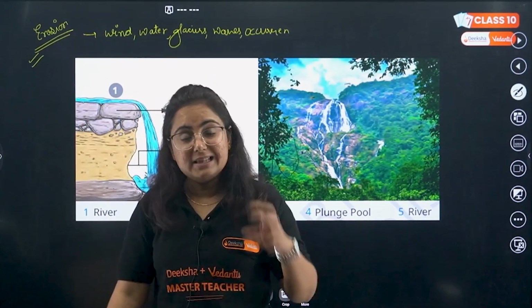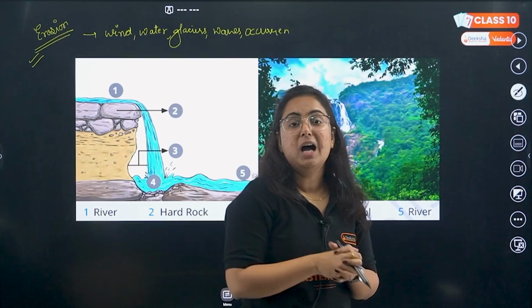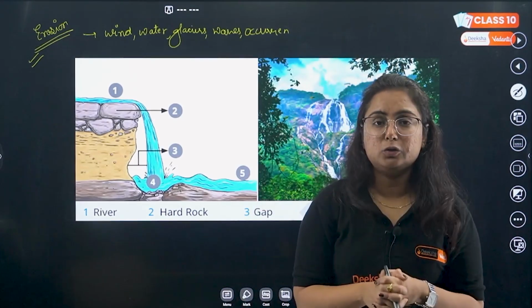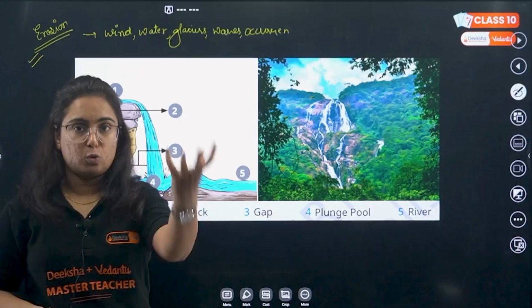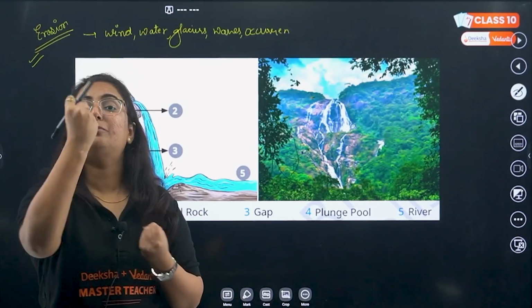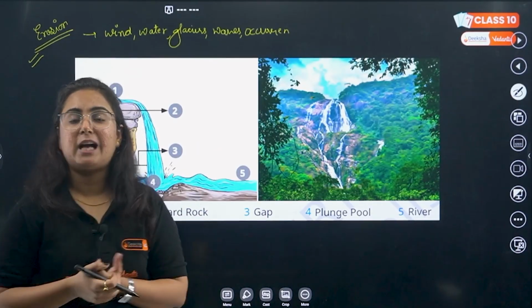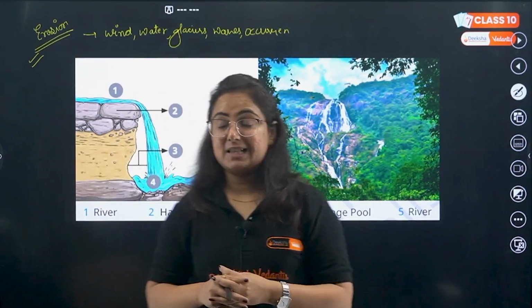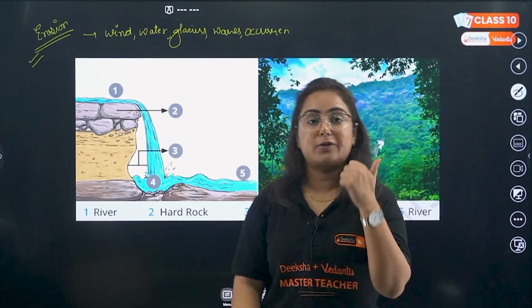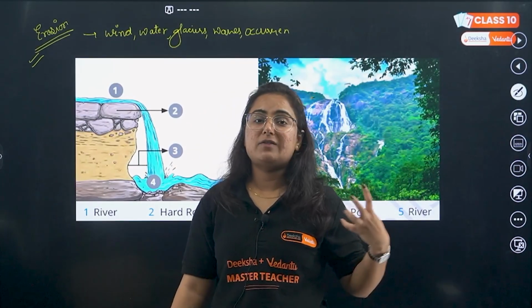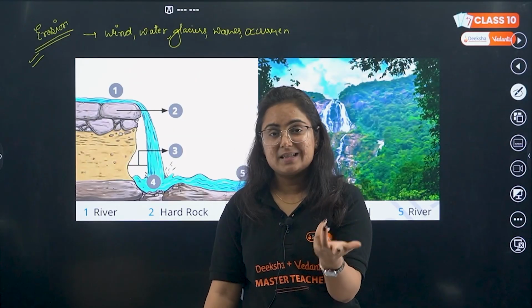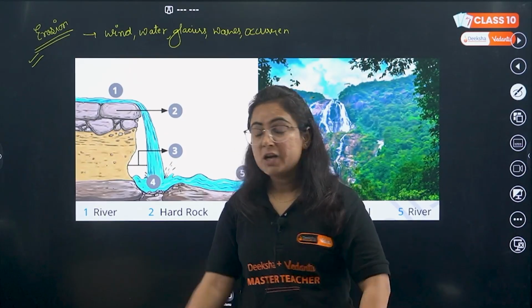In this process of erosion, beta, pay attention to that. Because of either erosional activity or depositional activity, certain landforms are being formed. Let's check the first example of running water. You might have seen waterfalls, you might have seen alluvial plains, and a lot of things. How are they formed?